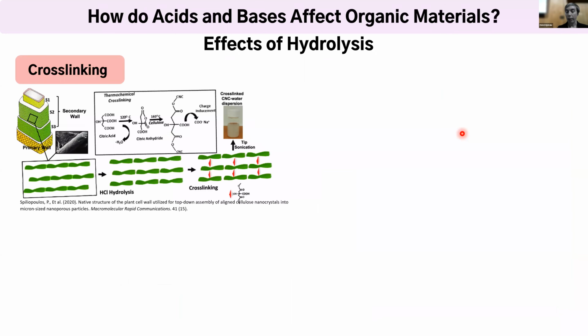In terms of the effects of hydrolysis, not just cracking and tearing of the individual fibers directly, there are also effects on the overall superstructure as well. There's a phenomenon called cross-linking, where when you break the bonds between these individual glucose molecules or amino acids and peptides, those little pieces want to recombine.